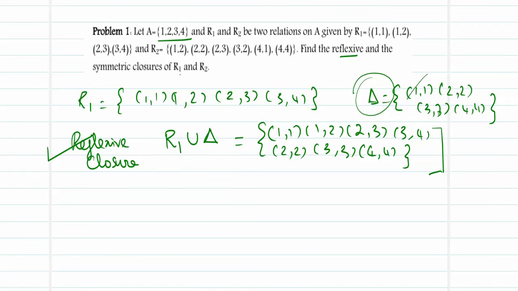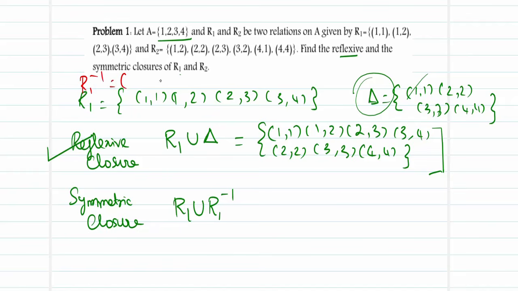Now let us move to the symmetric closure. How will we get a symmetric closure? A symmetric closure is obtained by taking the union with its inverse. So what is going to be the inverse of R1? My R inverse is the flip of my elements. (1,1) on flip is (1,1). (1,2) on flip is (2,1). (2,3) on flip is (3,2). And (3,4) on flip is (4,3).